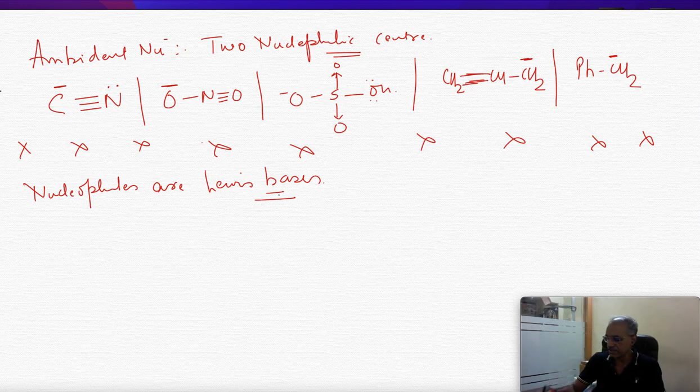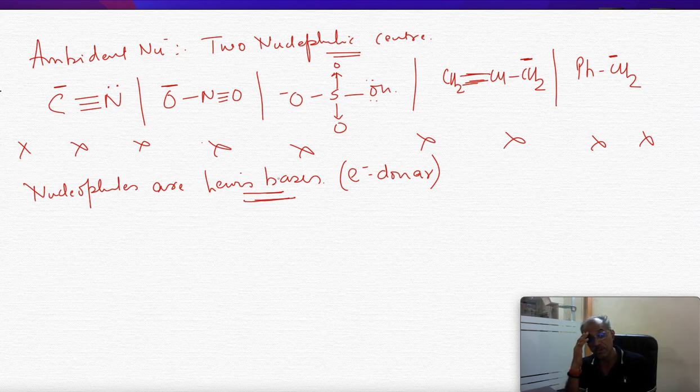Lewis bases are electron donors, right? A Lewis acid is what? An electron acceptor is known as an acid. But a Lewis base is an electron donor. But make it a point that nucleophiles are Lewis bases, but not all Lewis bases are nucleophiles. Just make it a point.